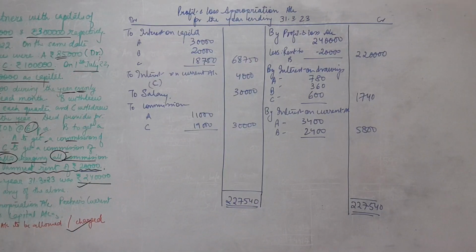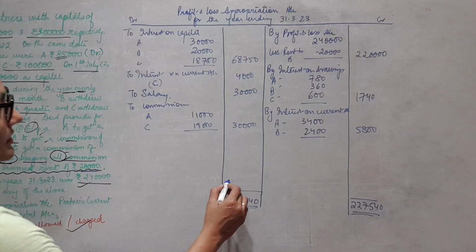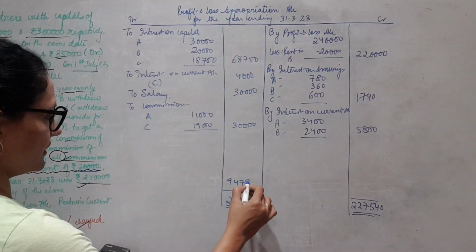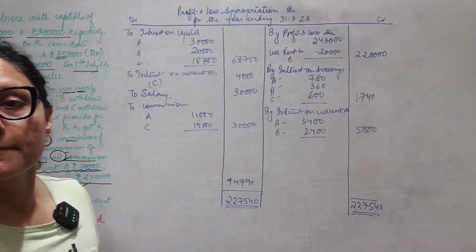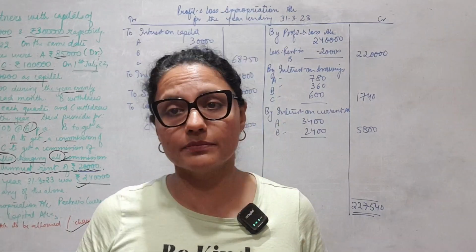So subtract 68,750, 4,000, 30,000 and another 30,000. So it is 94,790. This is the divisible profit.